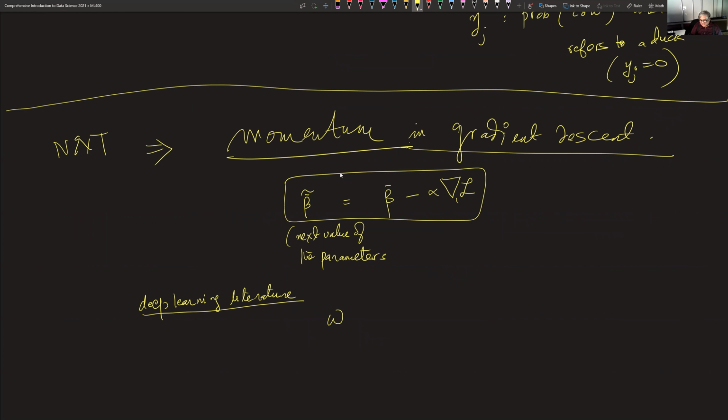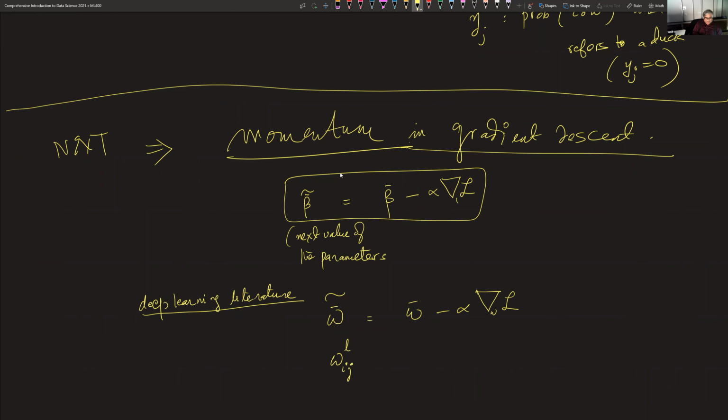In our notation, I've been using tilde for next: the next value of the weight vector is equal to the value of the weight vector minus alpha times the gradient, obviously with respect to weight, of the loss, right? Written out in specific terms, ij. Let's look at the specific address of the layer L.